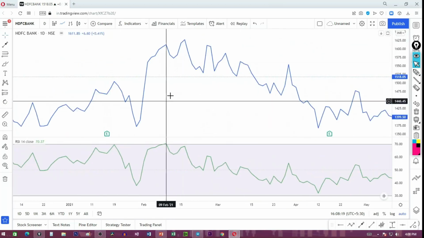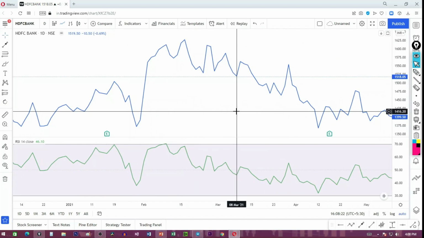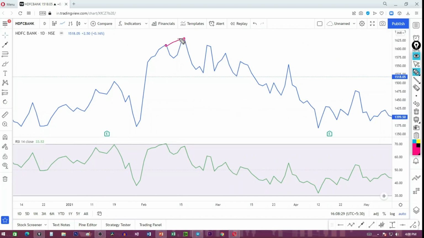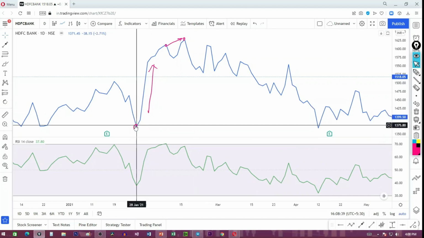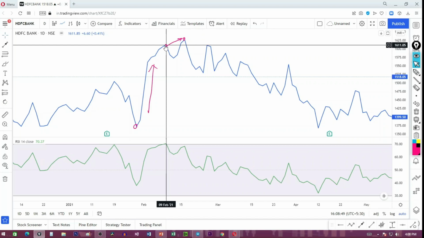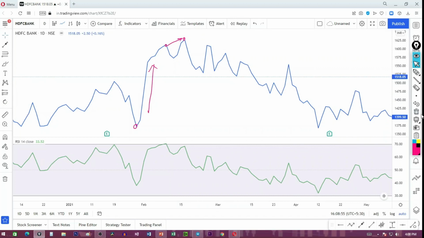So we need some upside move. Okay, I got it. Price of HDFC Bank make higher high, and we see this level to this level a sharp up move. The level was 1375 to 1610, like this, and after this upside move, we spot a classical negative divergence on chart of HDFC Bank.